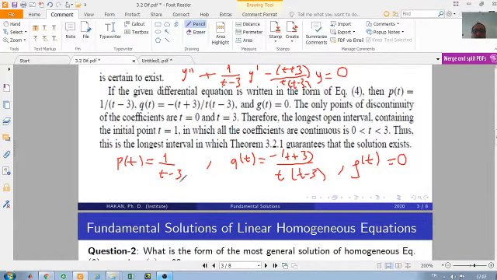Therefore, we have 3 possibilities for determining an interval such that the coefficient functions are continuous. Since we have 2 points, 0 and 3, we can write from minus infinity to 0, from 0 to 3, and from 3 to plus infinity. Okay.